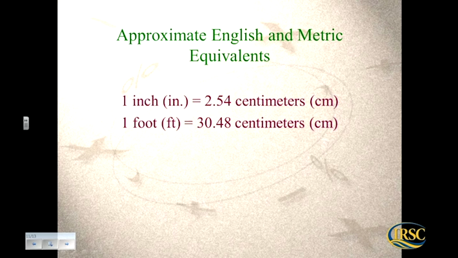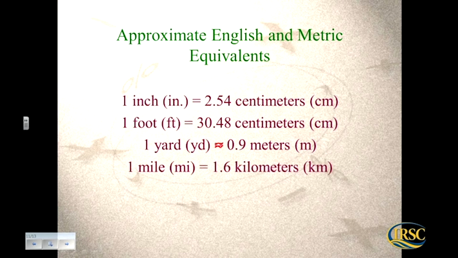They fixed it in the new edition of the book, but the PowerPoint still has the old one that kept an equal sign in here. This should really be an approximately equal sign, because those units have been rounded. So 1 yard is approximately 0.9 meters, and 1 mile is approximately 1.6 kilometers.